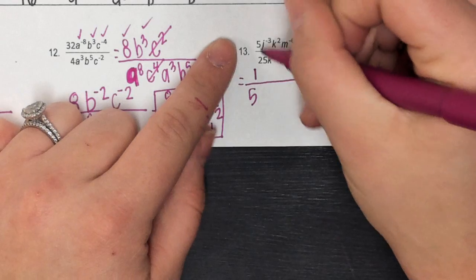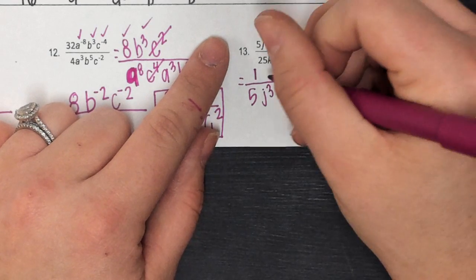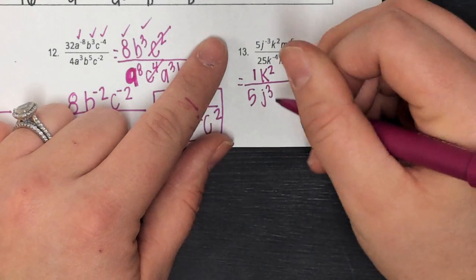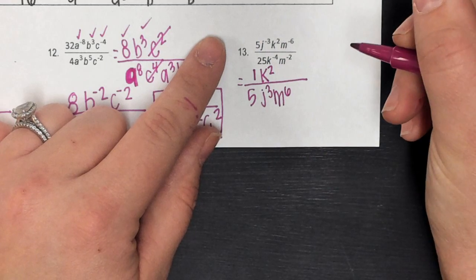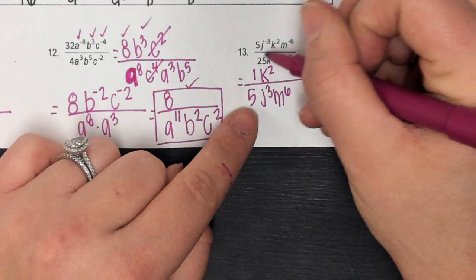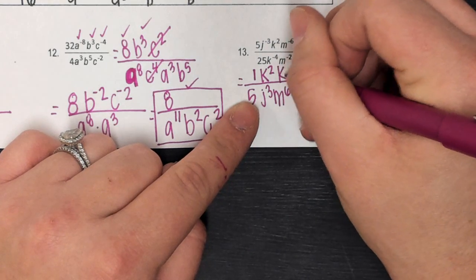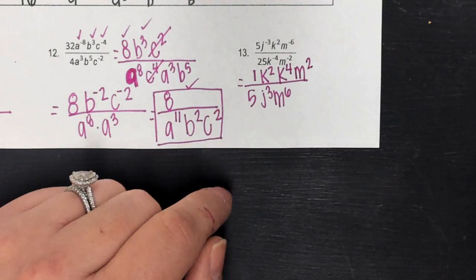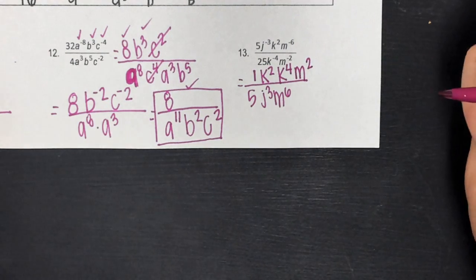Okay, j needs to go to the bottom, so I have j to the third on the bottom. K squared can stay. Where does m to the negative 6 go? Bottom. Okay, now I'm looking at the bottom. K needs to go up, so k to the fourth, and m needs to go up as well. If they are negative, we swap them, they become positive.